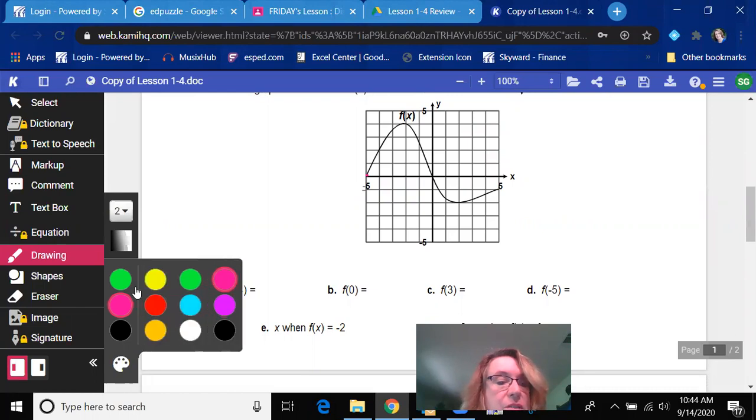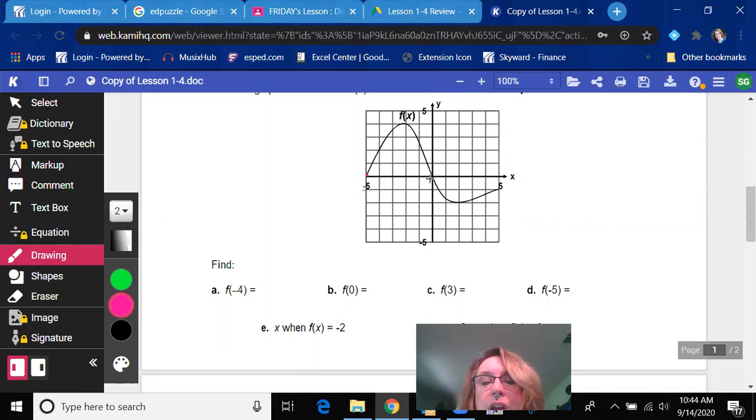It's the x. So I'm going to go to -4, 1, 2, 3, 4 along the x-axis. Now this is the x-axis. I'm going to look to find the y. So I'm going to follow that line up. So what's the y value right there? 2.